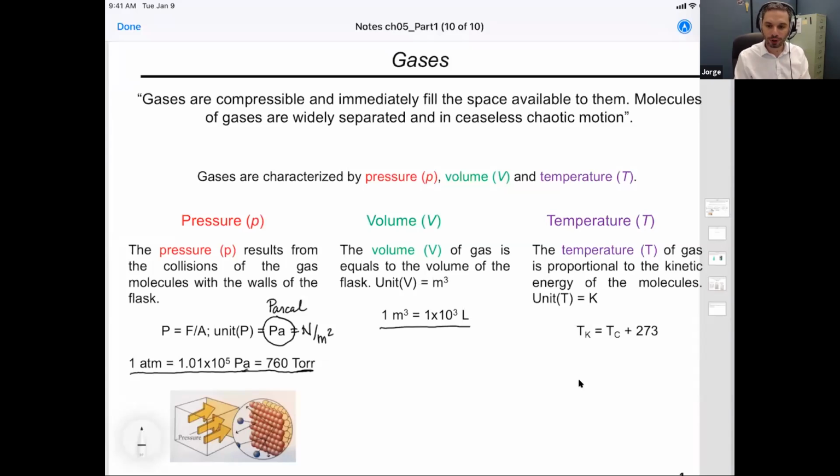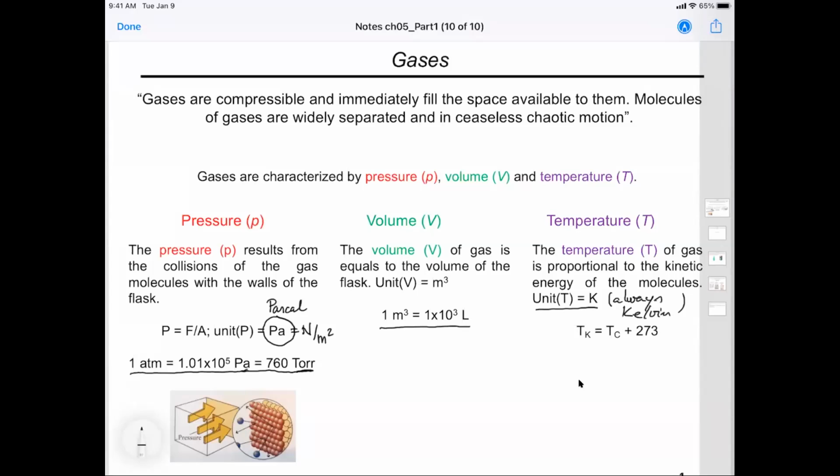For the temperature, always be careful because the unit has to be always in Kelvin, okay? Always Kelvin. If the temperature is given in Celsius, you have to transform it to Kelvin.